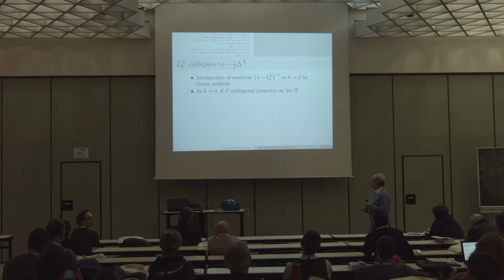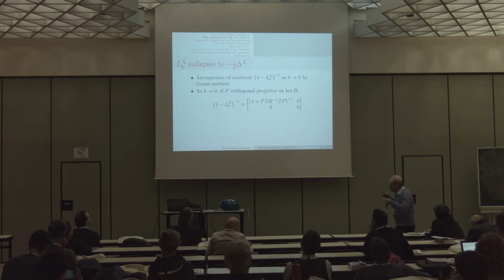If you do that, you find that if P is the orthogonal projector on the kernel of H, then the resolvent of LBX converges to an operator which just acts on the kernel of H, and which is the resolvent itself of a new operator, which is given by P Z H^{-1} Z P. The fact that the inverse of a matrix is nonlinear in its coefficients and even is quadratic is well known, and hence the appearance of this P Z H^{-1} Z P.